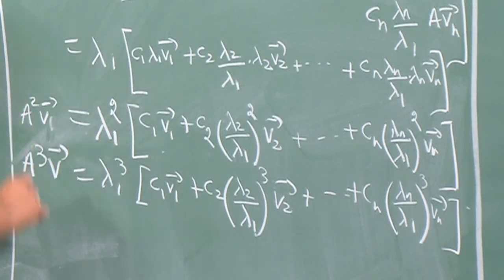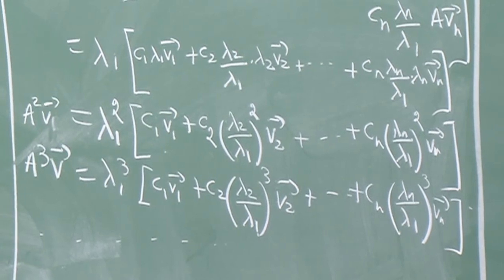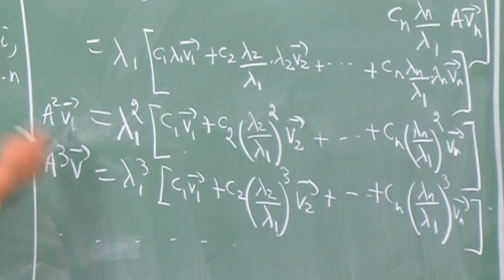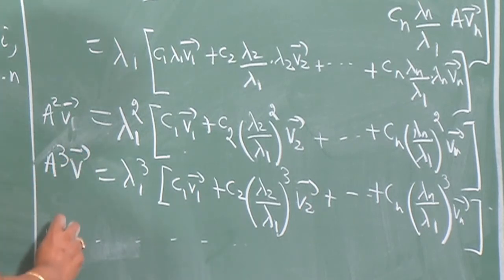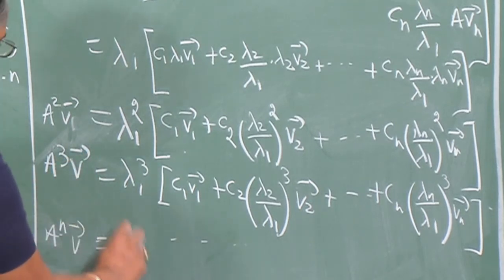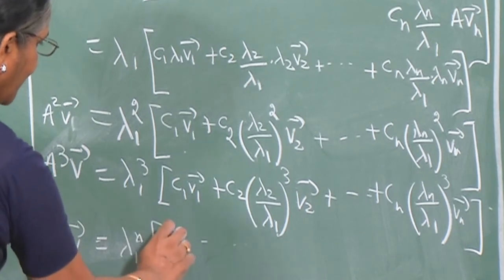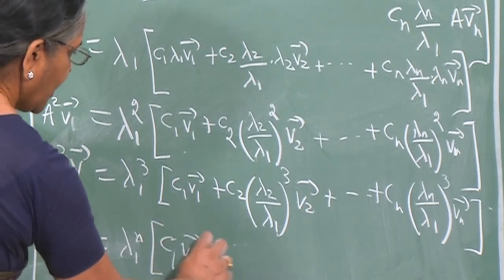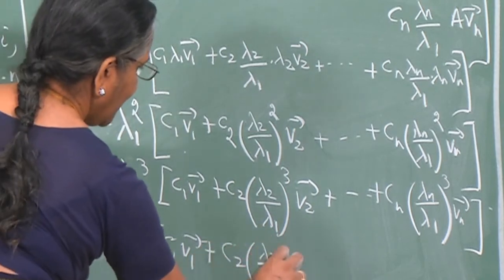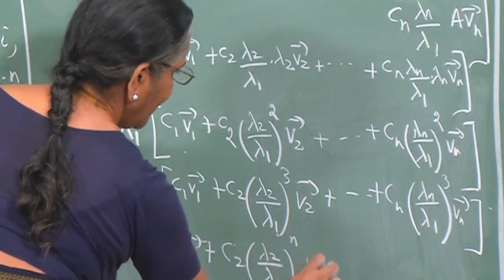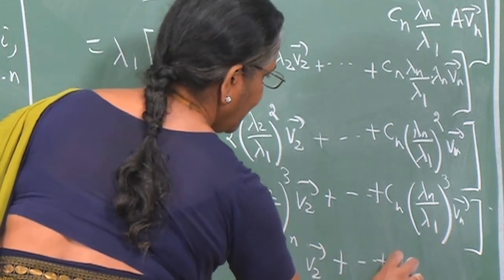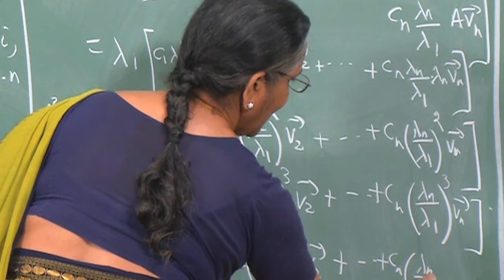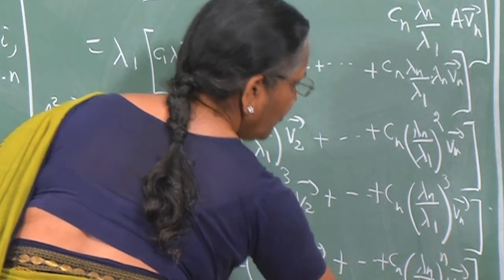So, you can continue to obtain, every time pre-multiplying the equation at this step by A and obtaining, say, at the nth step A to the power of n into V. So, suppose we do that, then A power n V is equal to lambda 1 power n into C1 V1 plus C2 into lambda 2 by lambda 1 power n into V2 plus etc. plus Cn into lambda n by lambda 1 to the power of n into Vn.